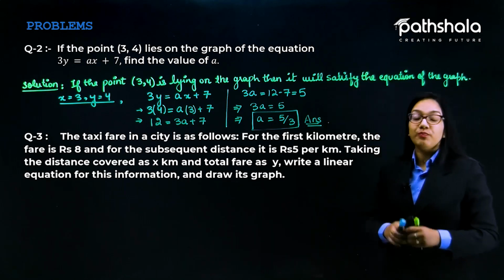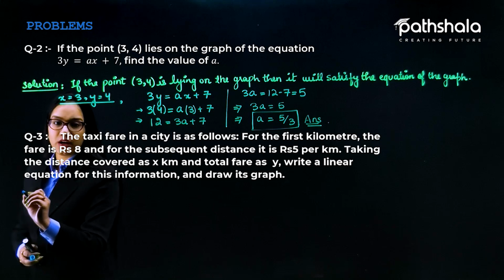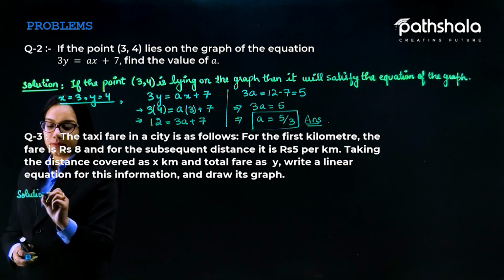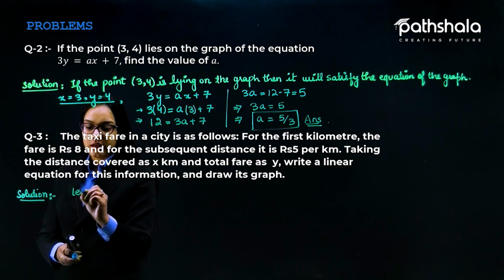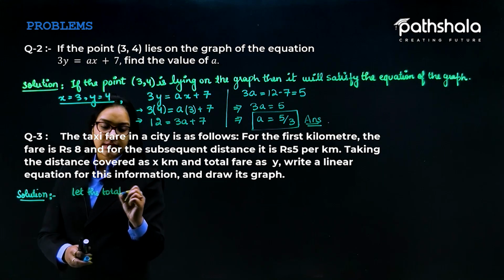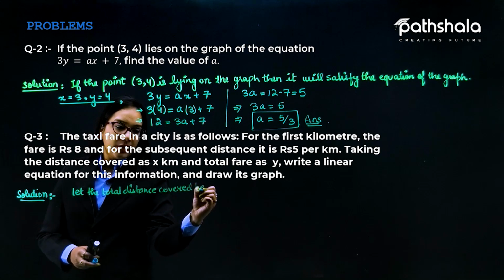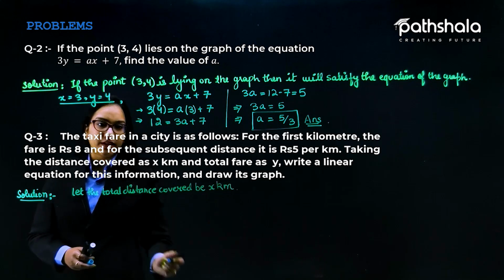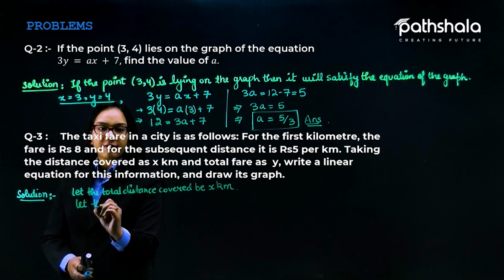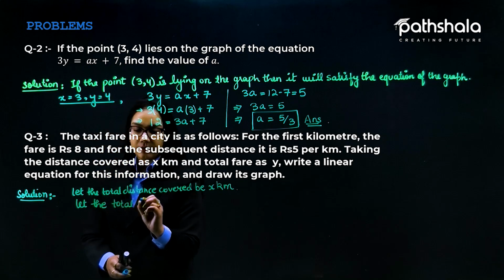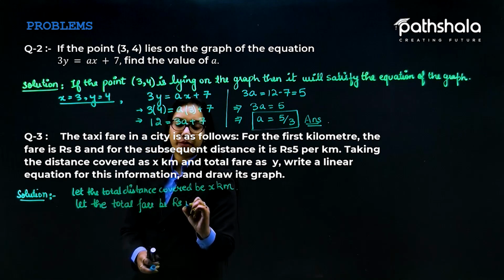As per the question, we have to take the distance covered as x kilometers. So according to the question, let the total distance covered be x kilometers, and moreover let the total fare related with it be rupees y.